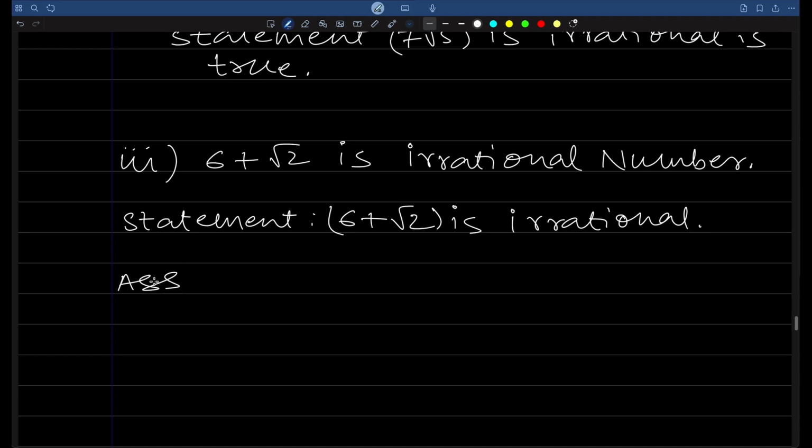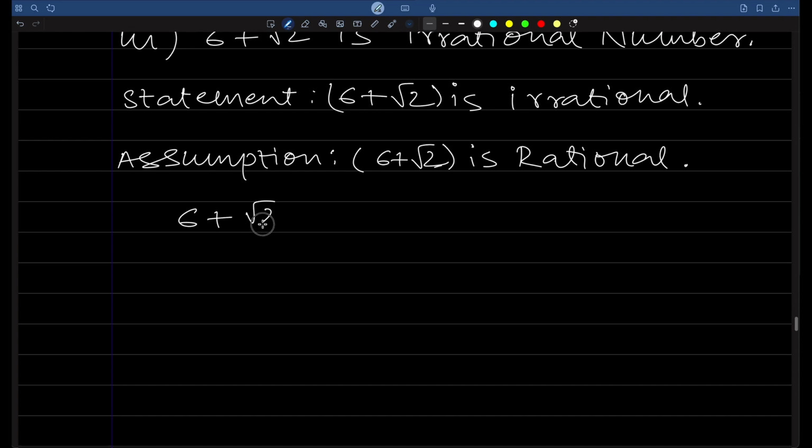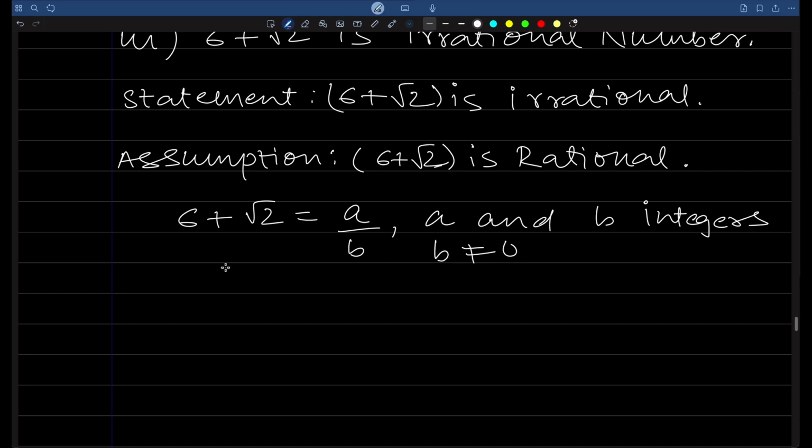We will assume that 6 plus under root 2 is not irrational, or we can say 6 plus under root 2 is rational. If 6 plus under root 2 is rational, we can represent 6 plus root 2 in the form a by b, where a and b are integers, b not equal to 0.